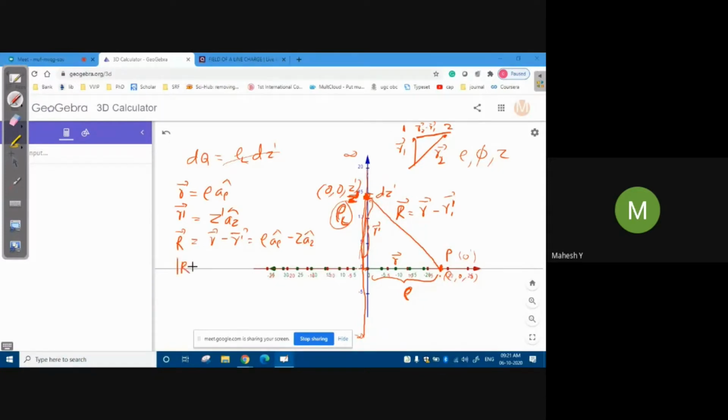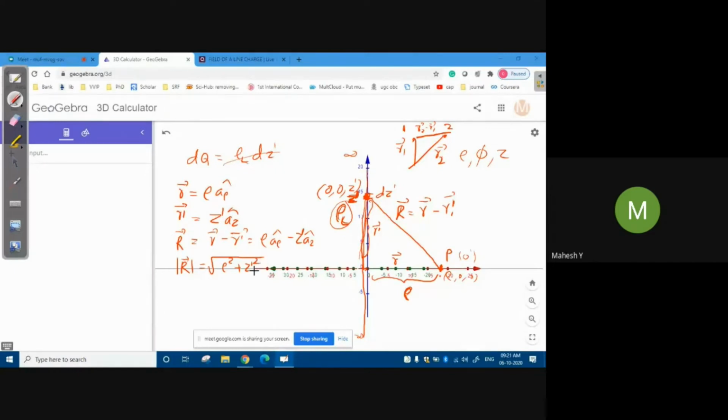And what is the magnitude of r? How to find the magnitude of r? You have to find the square root of the sum of squares of all the components, right? So square root of rho square plus z prime square.